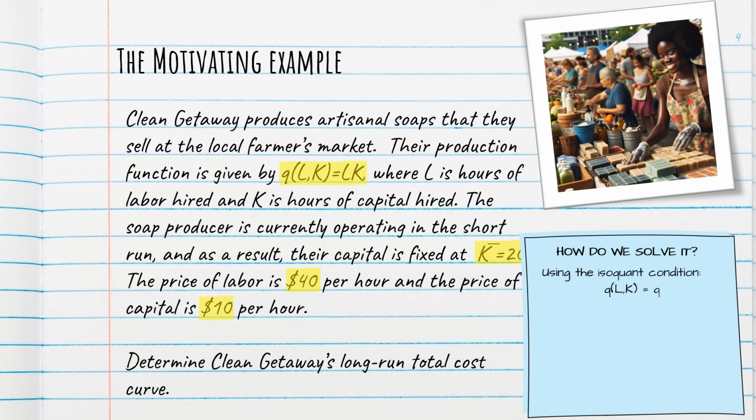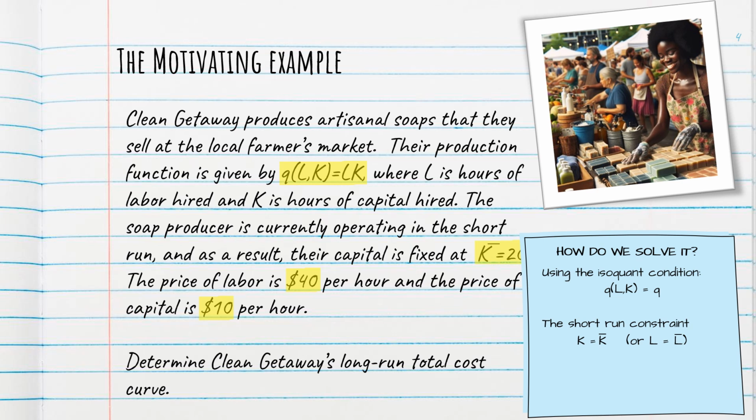We're going to have to meet our isoquant condition, so production has to meet our production goal. We will also have a short run constraint. In this question, it's that K is fixed at 20, but in an alternative question, we might see that labor is fixed at some value L bar.